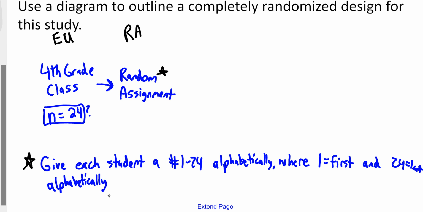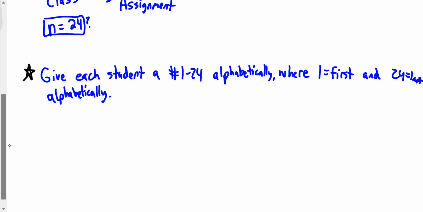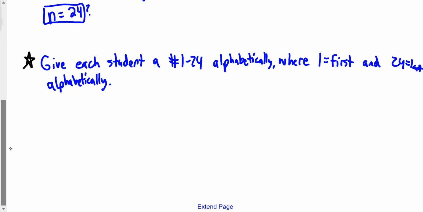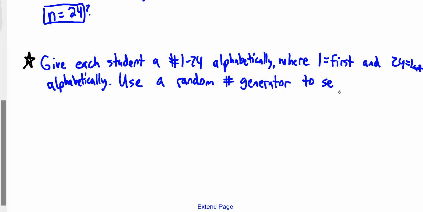And you can change the wording slightly if you like. I'm going to then use a random number generator to select, we'll say 12 unique numbers.